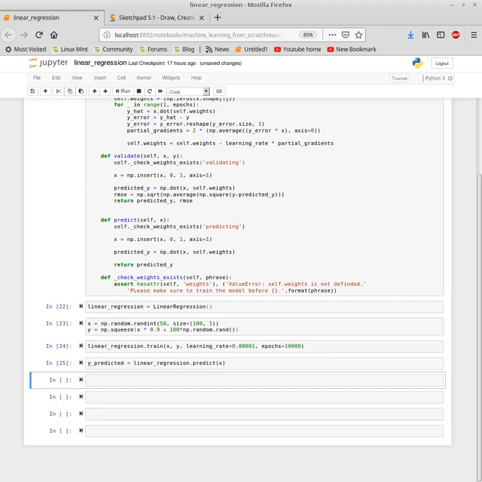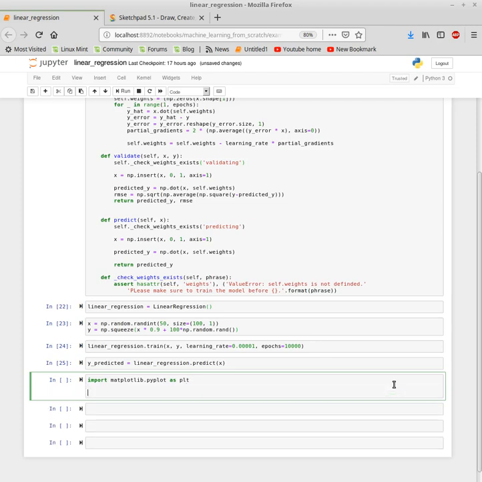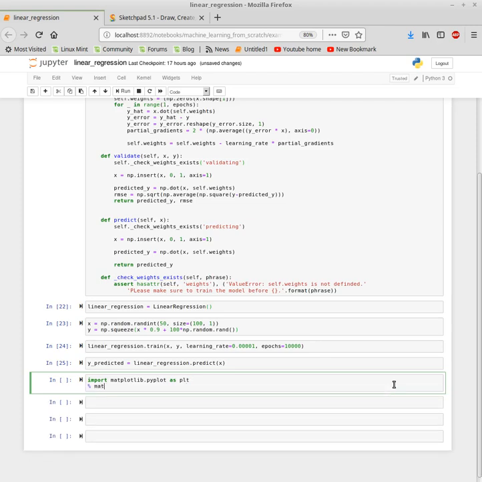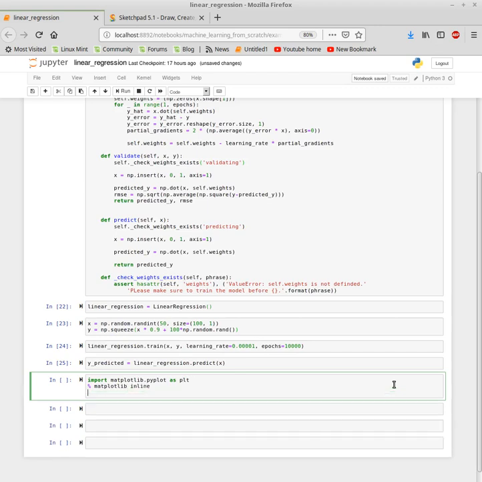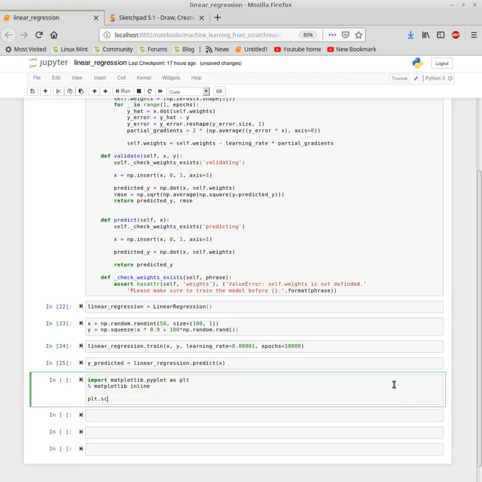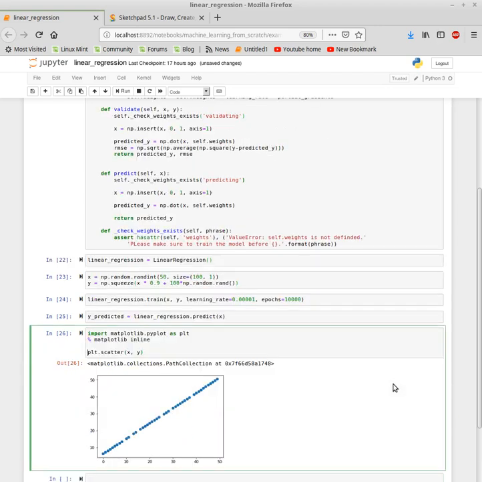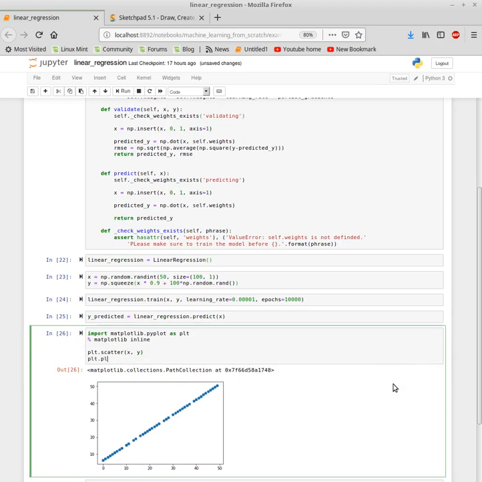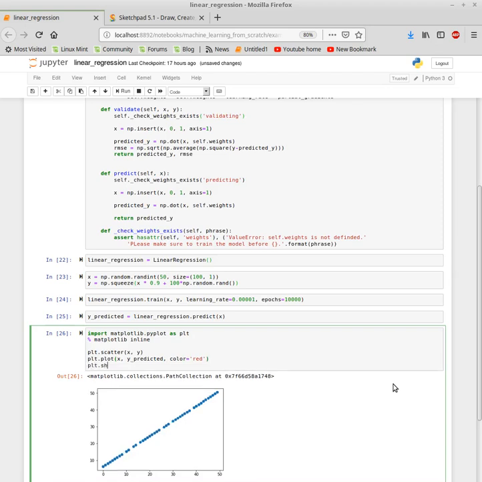Alright. So now let's import matplotlib.pyplot as plt. This is just a graphing library. Scatter x y. So this is the x y point, and let's plot our line to see if it predicted.